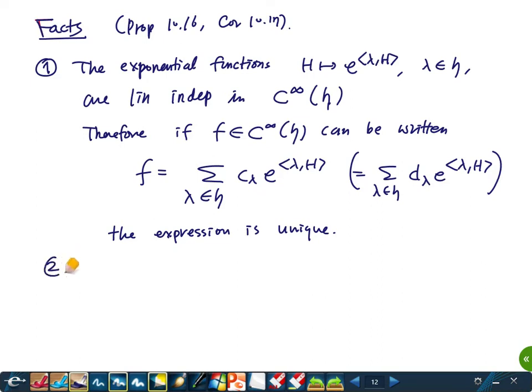The second fact: if f is written in that way, in other words, all that matters is what you have over here. So from this, actually, in some books, the character is defined as a formal sum without this.